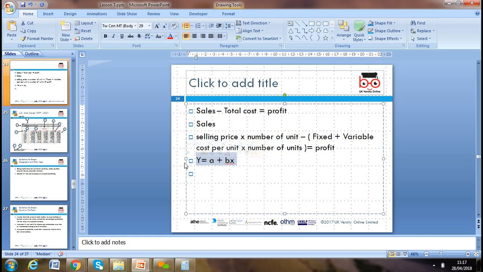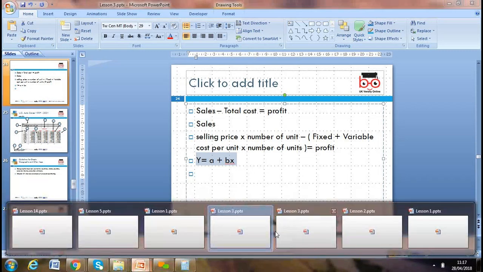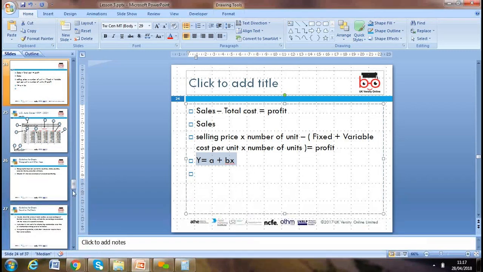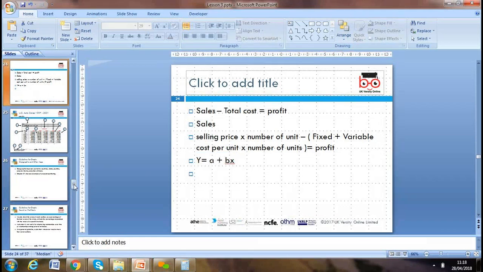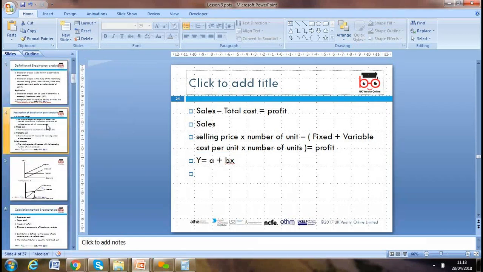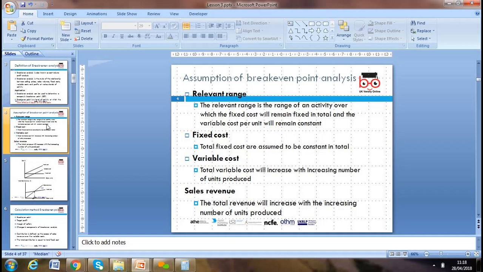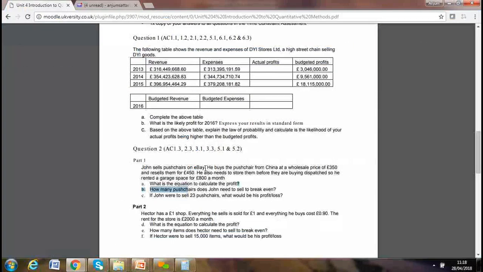So today we discussed break even, margin of safety, target profit, and sales revenue. Within our assignment we need to calculate our break even, our profit, and our target profit in the further parts.